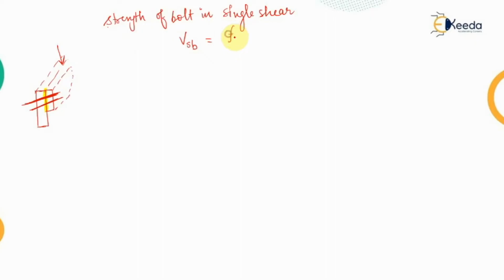That is given by FUB, the ultimate strength of the bolt, with a factor to reduce it, divided by the factor of safety for the bolt material, into the number of shear planes. Because it is single, it will be multiplied by 1, into the net area of the bolt.